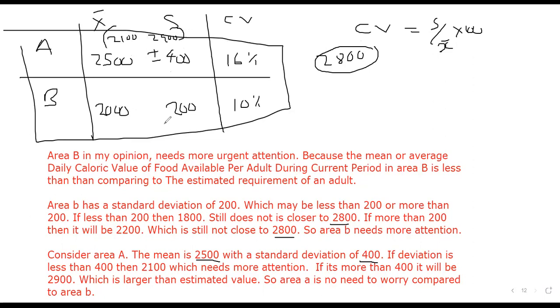Then here we're going to have a lower bound of 1800 and an upper bound of 2200. However, the expected range, which is optimal for an adult, is supposed to be 2800. So this one is low on the lower bound, but on the upper bound is higher. Even the coefficient of variation is higher than that of B. So the one that needs more attention is area B because it is operating below the required standard, below the par. All right.